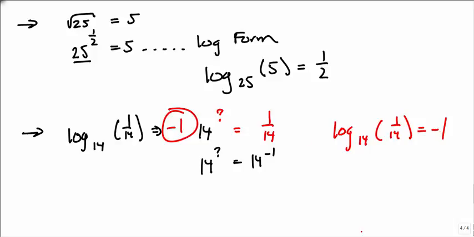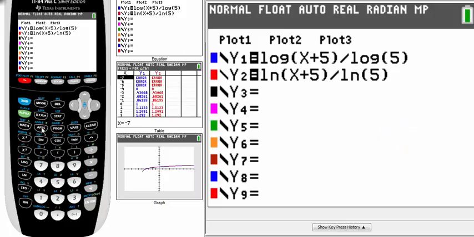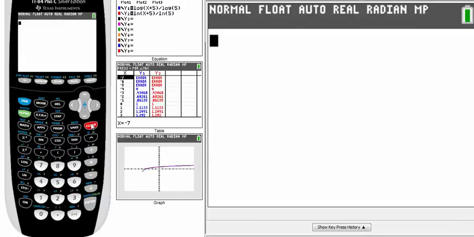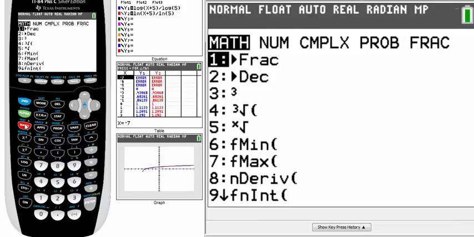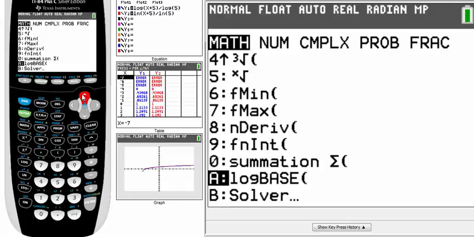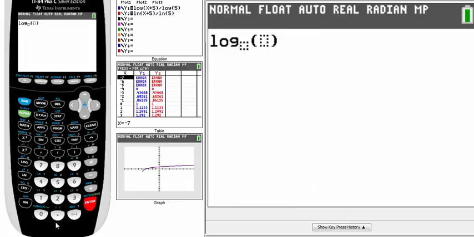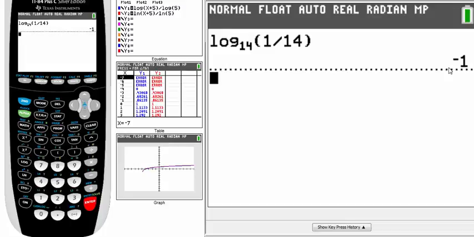Now let's pop this into our calculator to check our work. I have a log base key, so I'm going to use it, and then we'll also show how to do it without the log base key. Here I have log base 14 of 1/14, 1 divided by 14, and you can see I get negative 1. Now what about the change of base conversion? Remember you can use log or natural log.